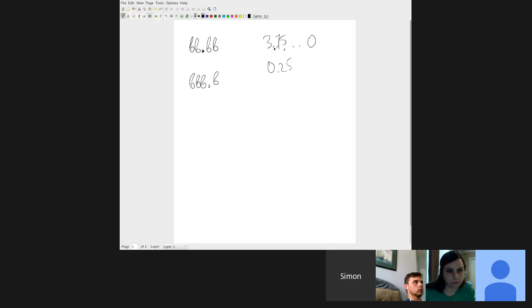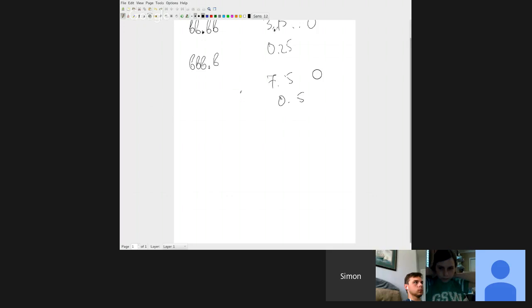In this case, our maximum value will be 7.25, minimum will be 0, precision will be 0.25. No, 7.5, I'm sorry. And precision will be 0.5. So now we can deal with a higher value using the exact same amount of memory as before.